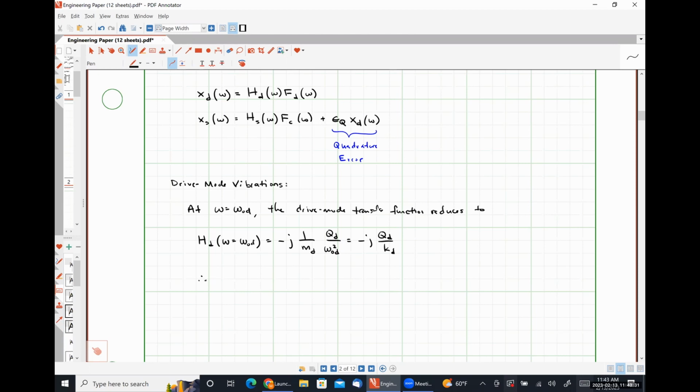And from this, our displacement XD at omega is equal to omega naught D is just our transfer function times our force, negative j QD over KD times our driving force, where we can see that our displacement is 90 degrees behind the application of the force. So we have a lag effectively.